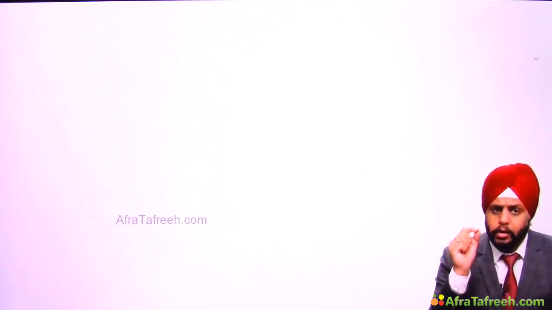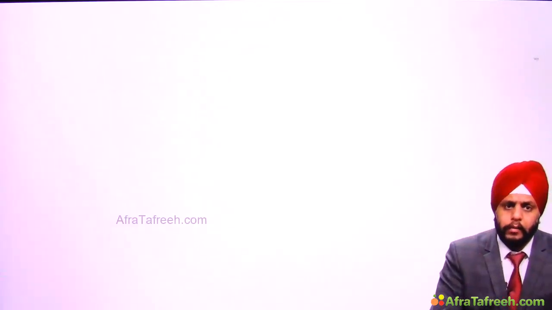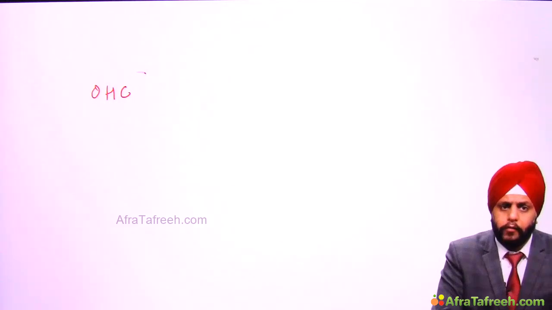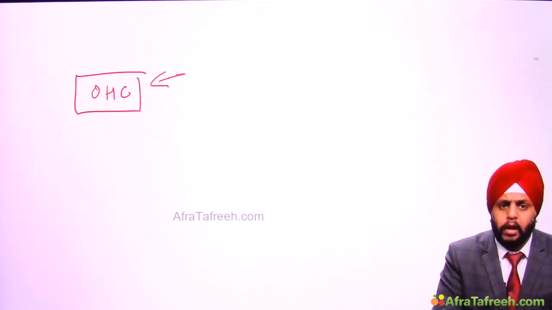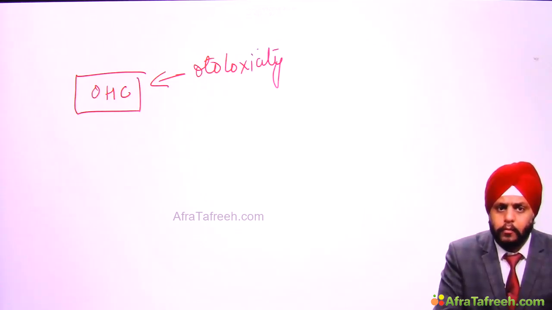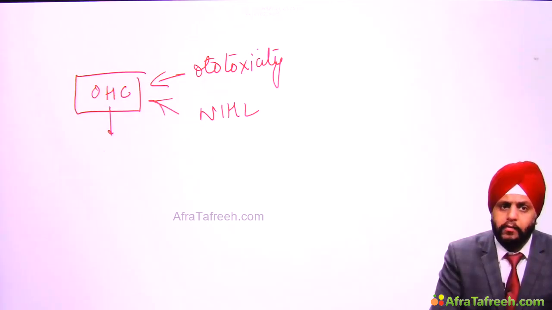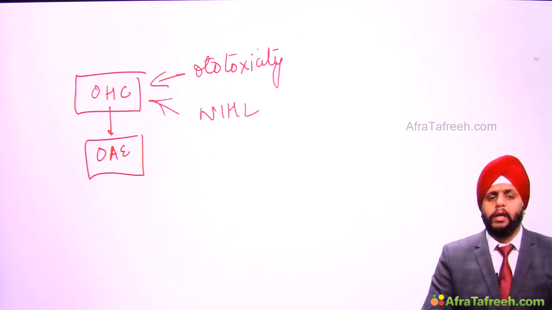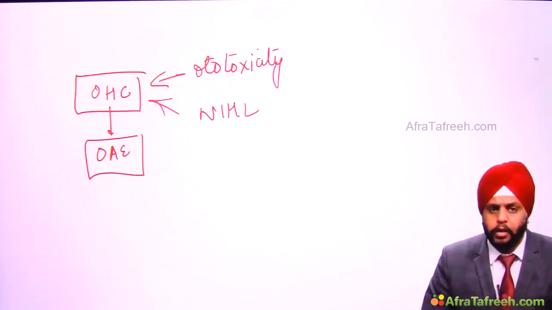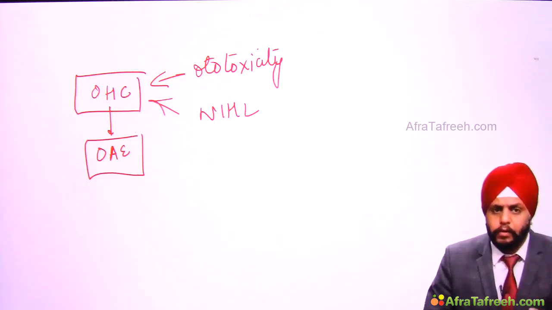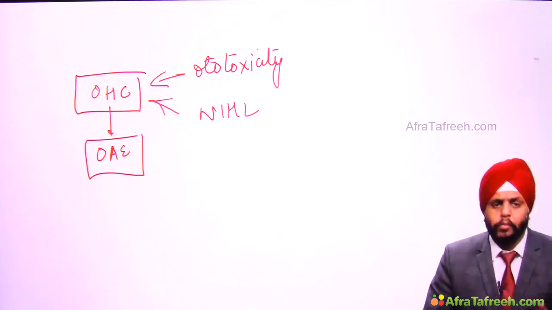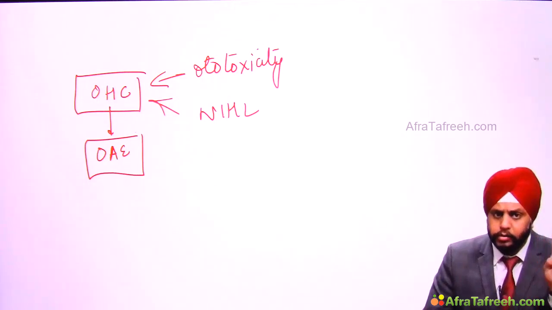Because the outer hair cells are the first to be affected by ototoxicity and by noise-induced hearing loss. And these outer hair cells themselves produce OAE. So any problem in OAE means there is a problem in the outer hair cells.